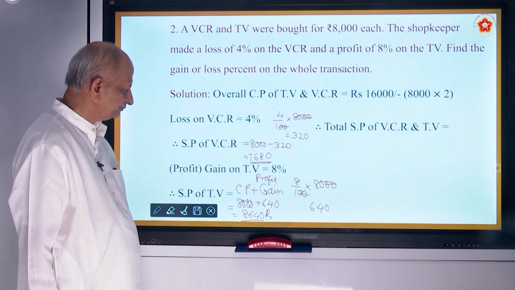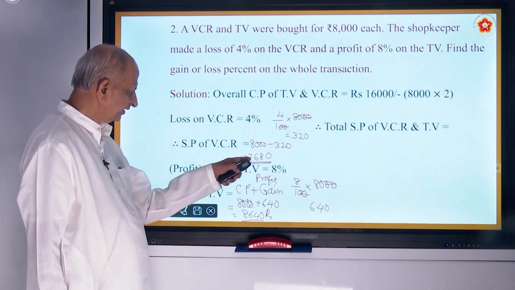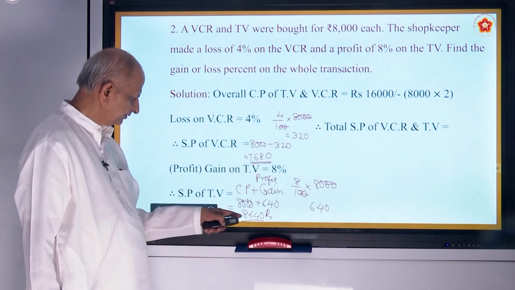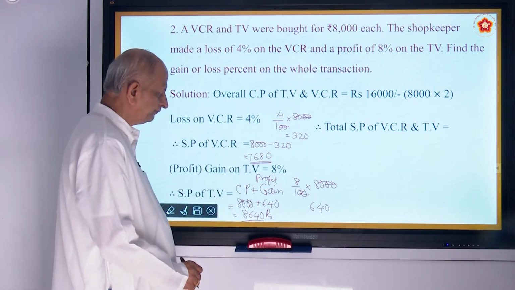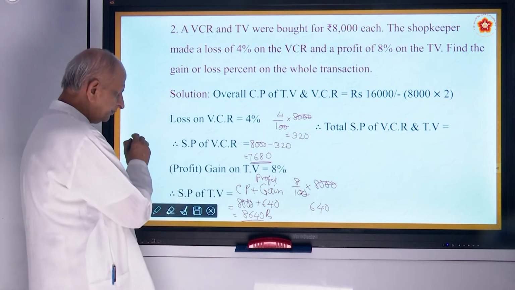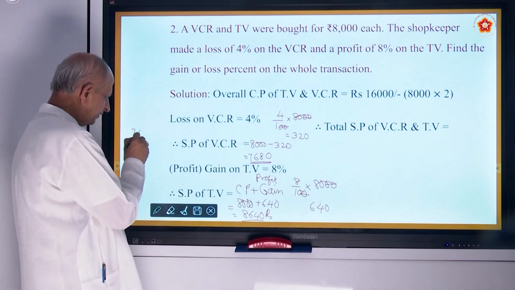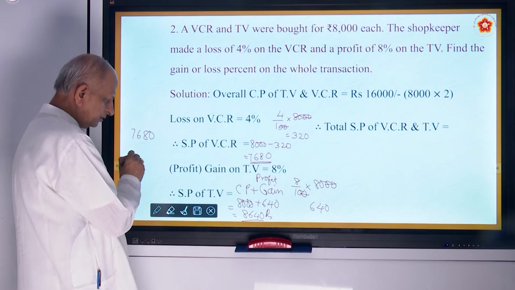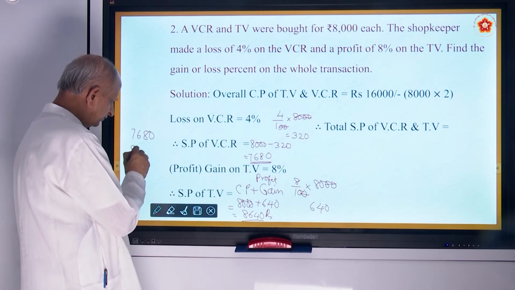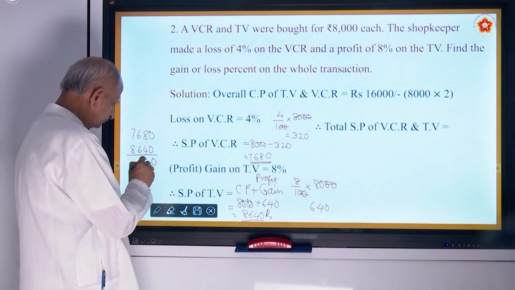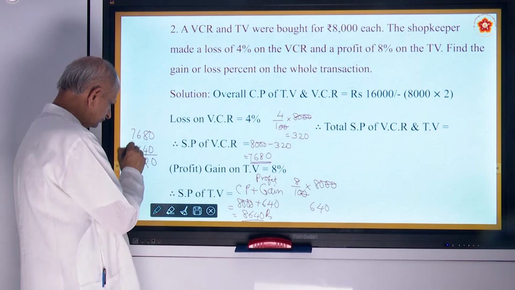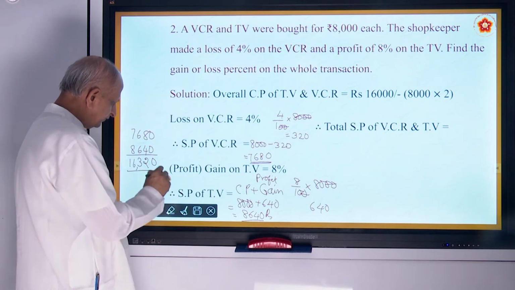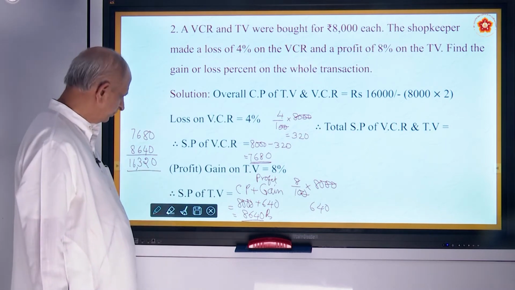Now totally what happens? Total SP. This is 7,680, the SP of VCR, and TV 8,640. You have to find the total. And we'll add it here. 7,680 and this is 8,640. Add it. 16,320.